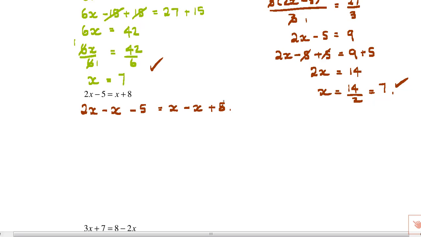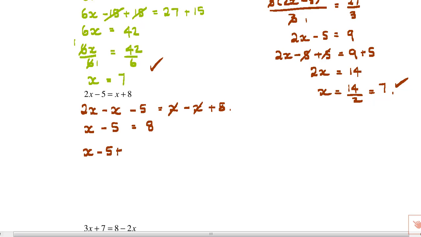Now what happens? On the left hand side, 2x minus x is just x, and on the right hand side, x minus x is 0, so we have now x minus 5 is equal to 8, and of course that one's fairly easy to solve.